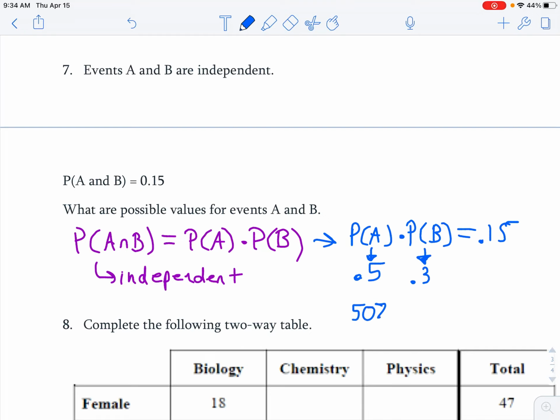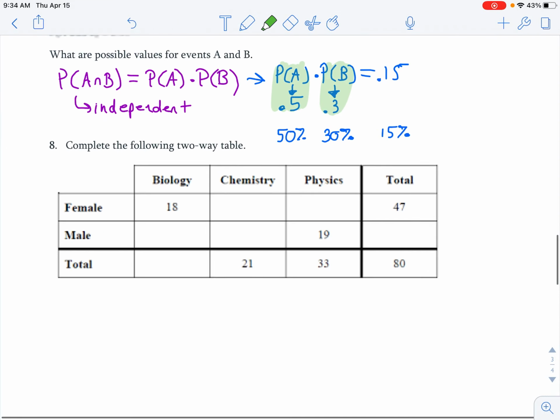Basically there's a 50% chance and a 30% chance. If you multiply those together, there's a 15% chance of something happening. Very specific. You either know it or you don't. The probability of A is half, the probability of B is 0.3, and that would make this work. Very notation heavy, pure math on that problem.